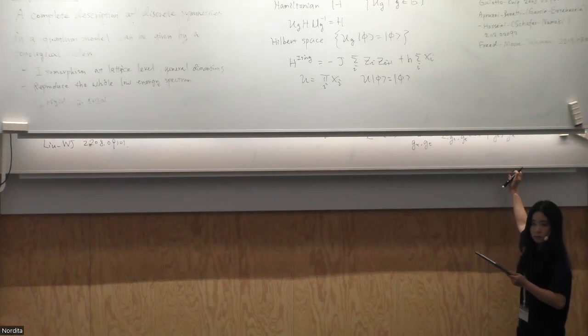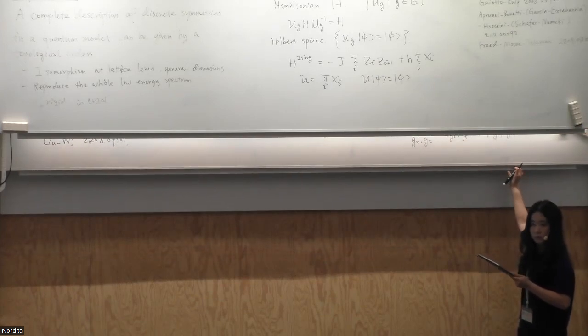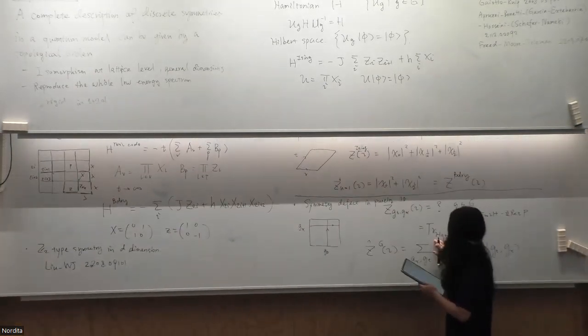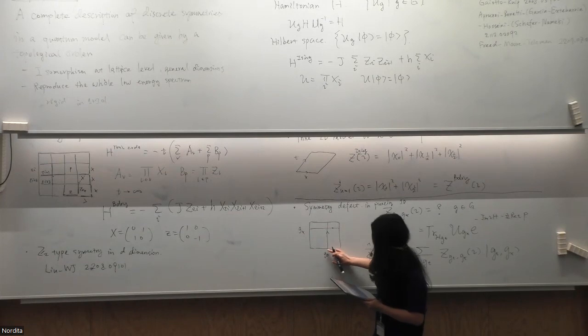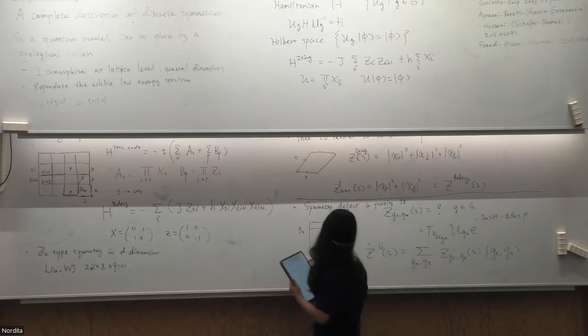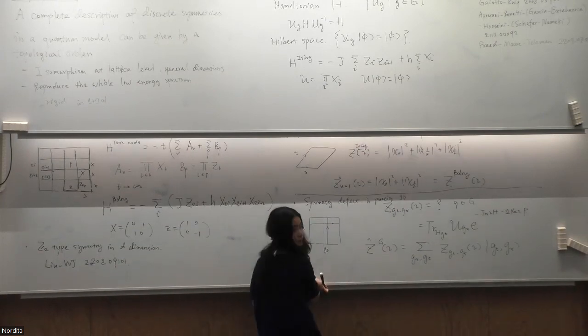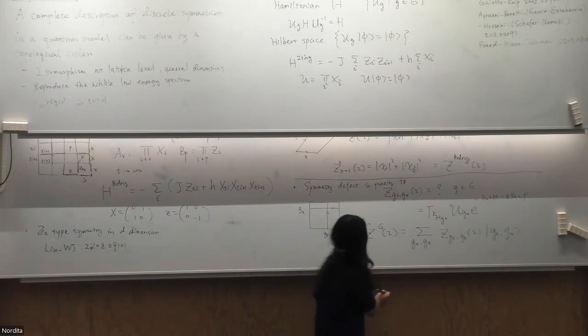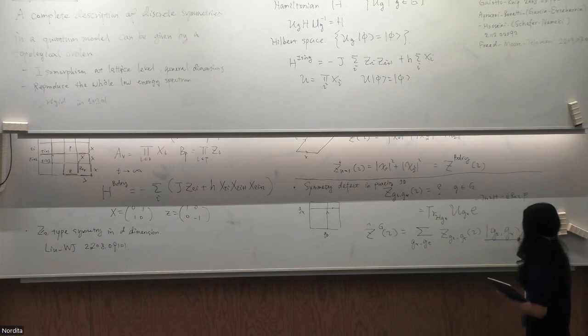Find the state G and Gx, and which Hilbert space is that state in? GT means the Hilbert space with the defect inserted here. So that means the Hilbert space. This one?